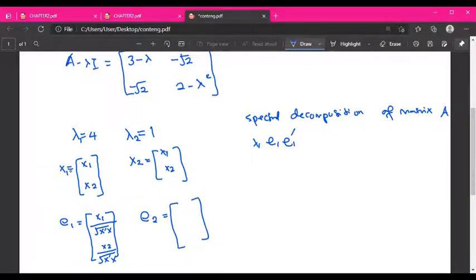Okay, then plus lambda 2, E2, E2 transpose. Okay, so this is how to get the spectral decomposition of a matrix. Alright.